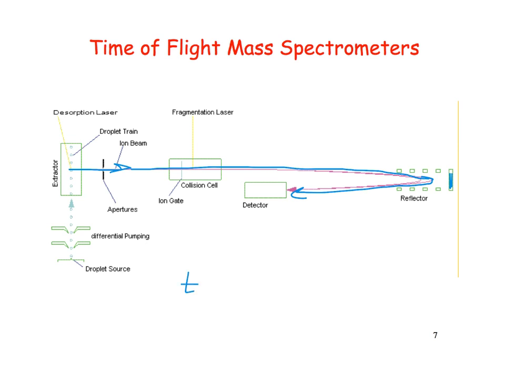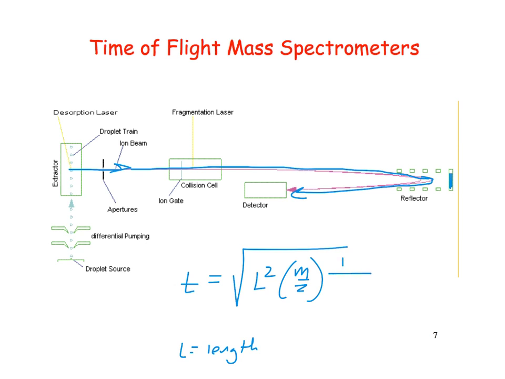So the time equals the square root of L squared, which is probably the length of the path past the reflector and back to the detector, times the mass to charge ratio over 2 eV. I think eV is electron volts. It must be the energy at the acceleration.